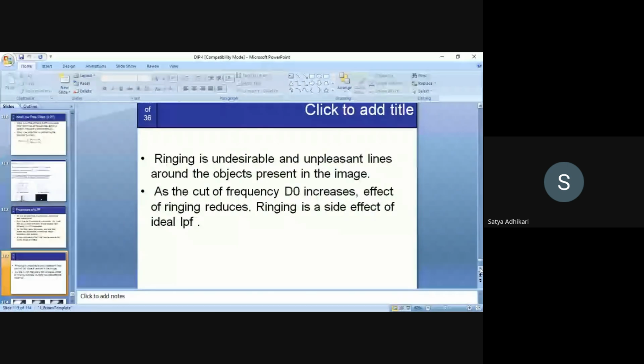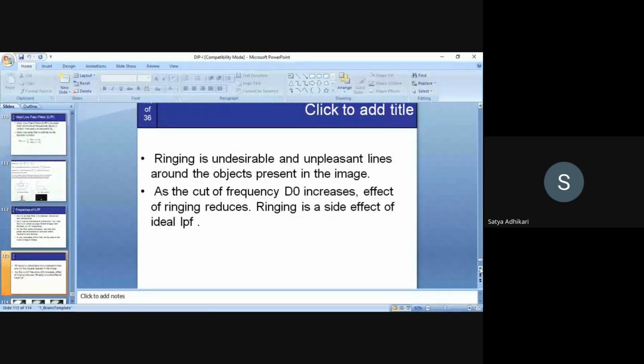Ringing is a side effect of the ideal filter. So if you increase D0, suppose you see the previous one, it is 10. That is why more black color is present. If this was 100, you will get a more prominent picture, and the quality will increase.